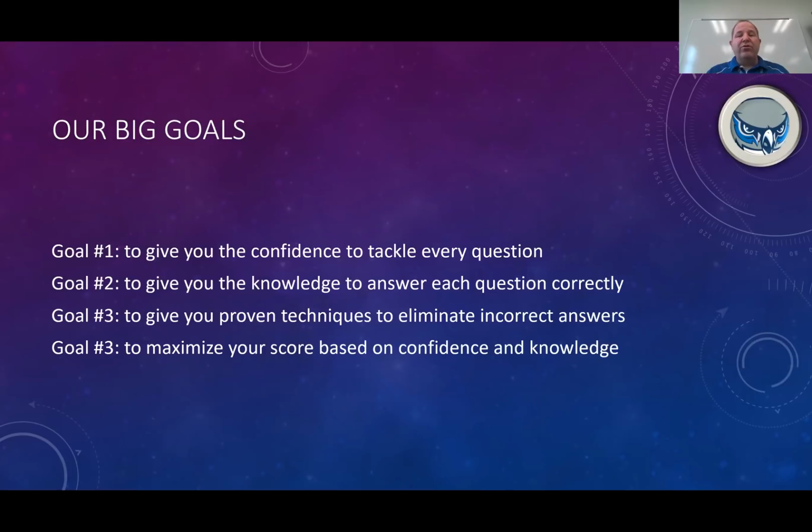I'm going to give you proven techniques to eliminate incorrect answers, such as, did you know that the ACT draws everything to scale? I went through the last 20 years of the ACT because it's fun. And I found only 2 questions where the question was not drawn to scale. And guess what?